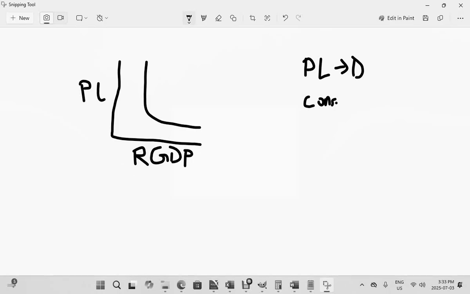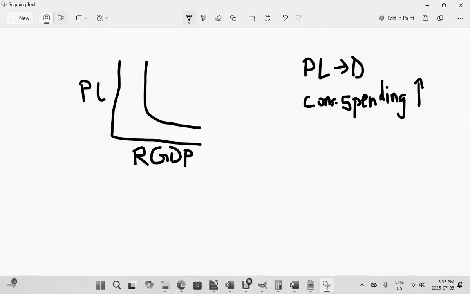So consumer spending goes up, and because of that, the GDP goes up.